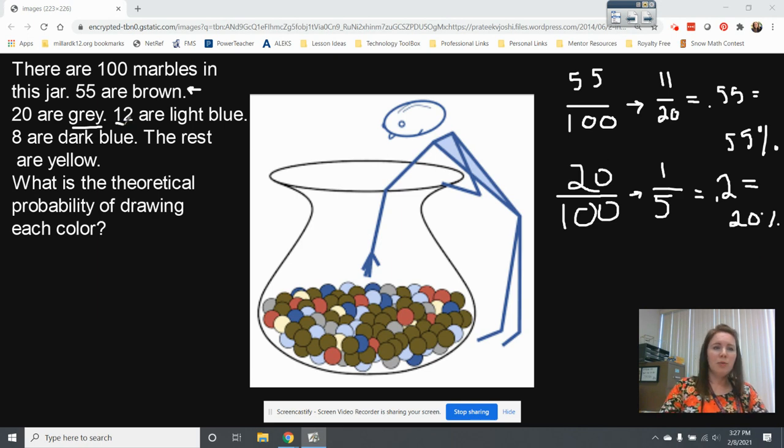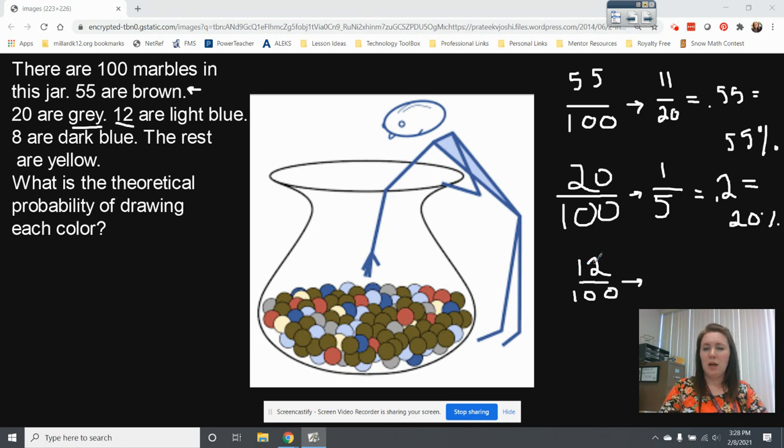Okay, the next one is light blue. Hopefully you're catching on to how I'm doing this. There's 12 light blue, so there were a total of 100. That has not changed. Obviously, if you have a different problem, read what the question says to figure out what the total is. And 12 is the top, so light blue. Let's see, I'm going to simplify that.